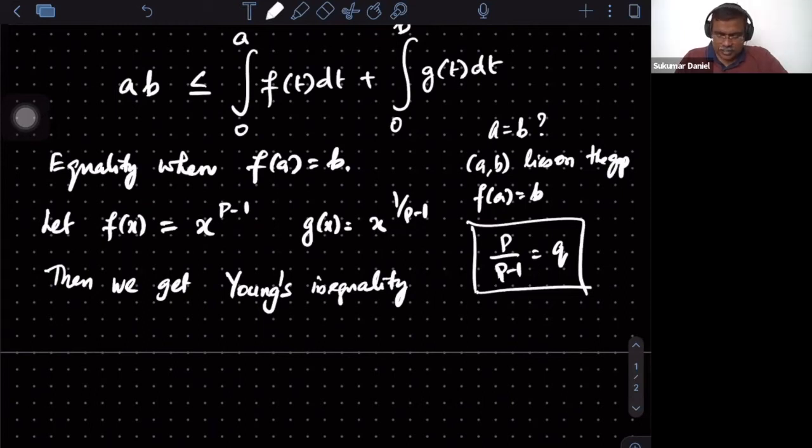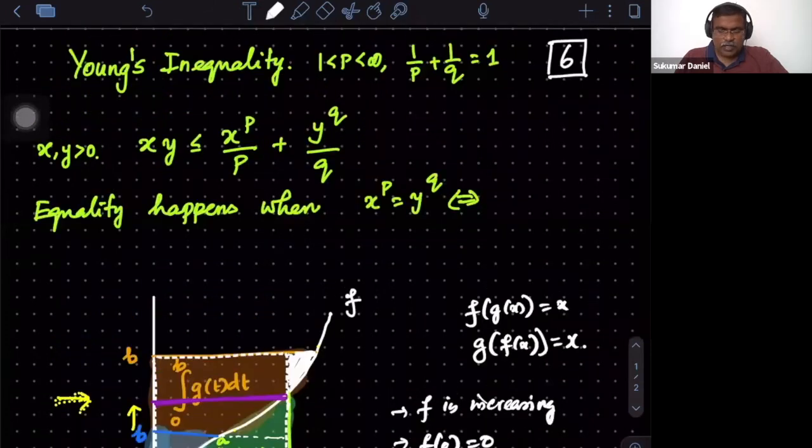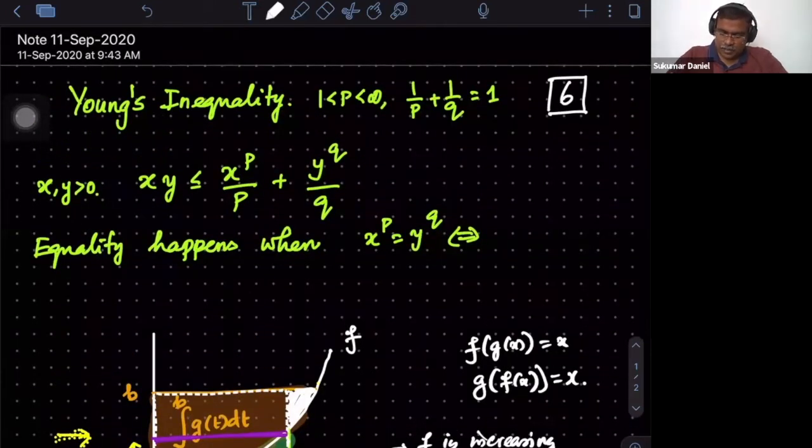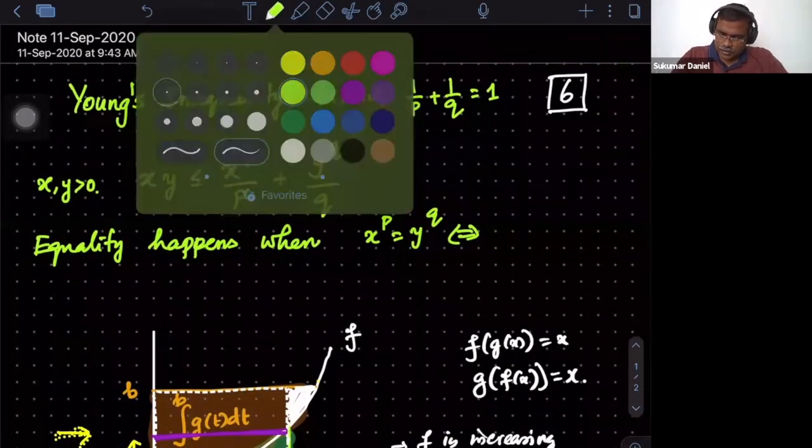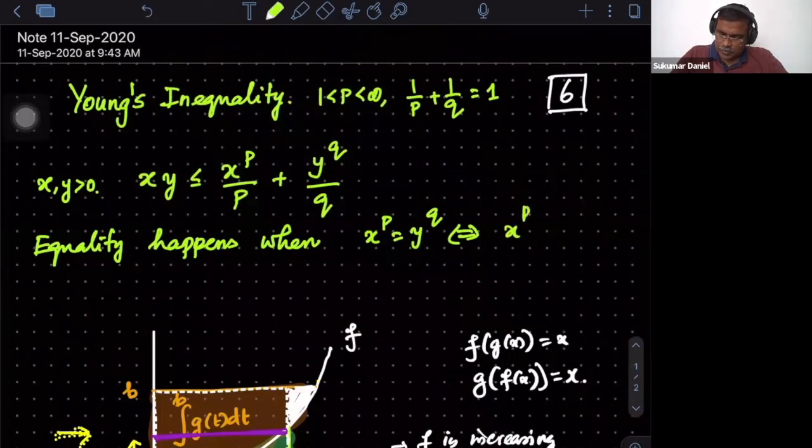And check that the equality is similarly reflected. In this case, we have already said that the equality happens when f of a equals b. That means you can check that whenever a power p minus 1 equals b, or x power p minus 1 equals y, the same condition is reflected again in terms of the inequality. So here the question is, is it the same as saying x power p minus 1 is equal to y?